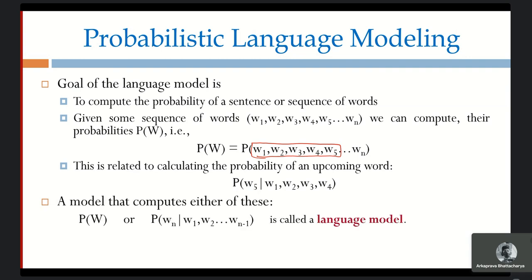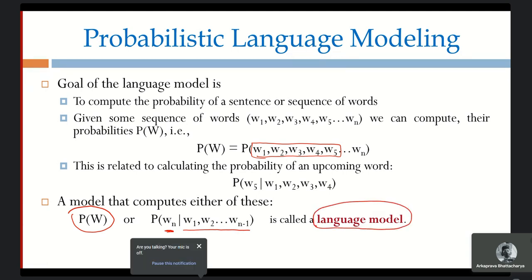So the model that computes either of these, either the probability of the whole sentence or the probability of the upcoming word given the previous words. This is the probability of a whole sentence. The probability of an upcoming word given the previous words is what we call a language model.